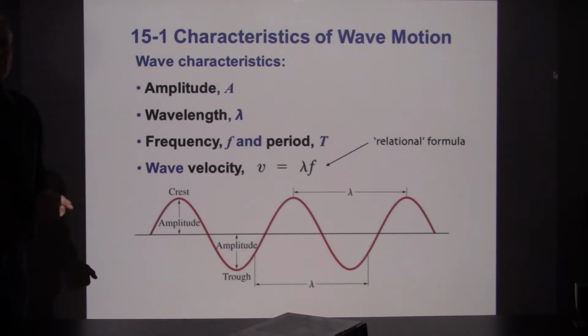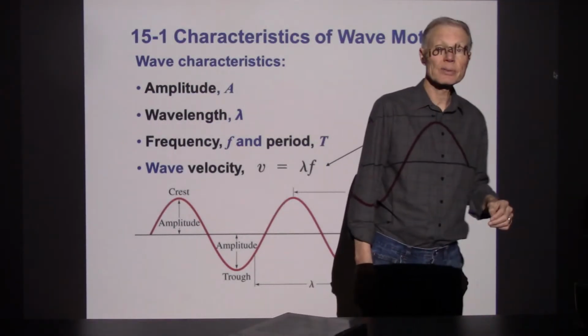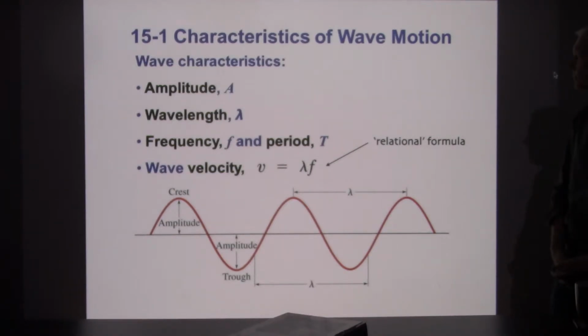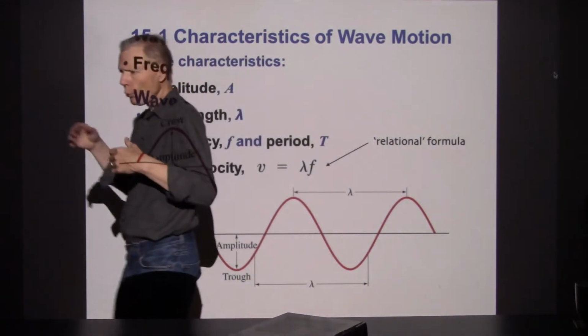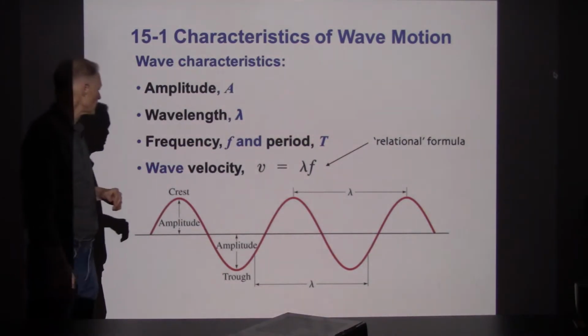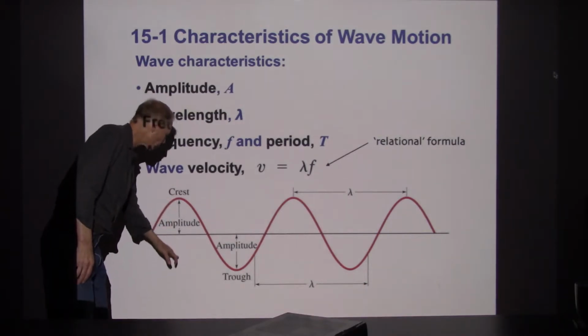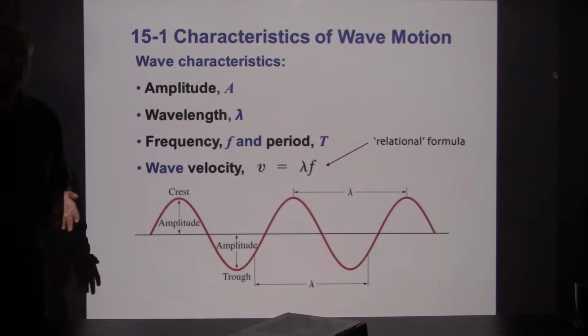Now that doesn't have to be the case either, but we are going to be using sines and cosines once again in this chapter, same as what we did last chapter, looking at oscillatory motion. Because we find that for waves propagating through a material, the motion of the medium back and forth can often be represented or approximated as simple harmonic motion.